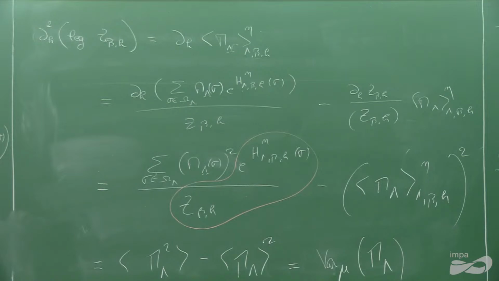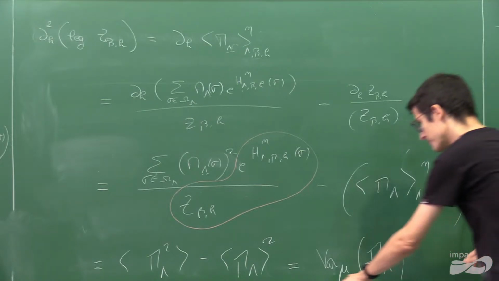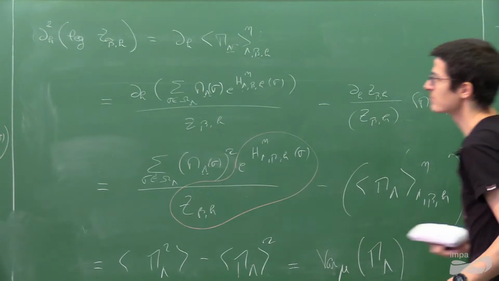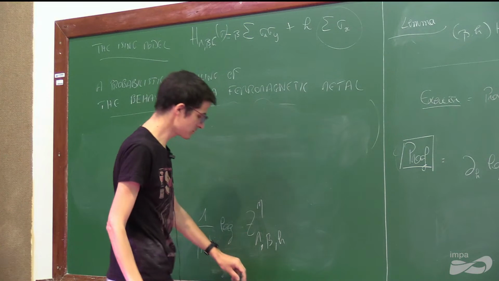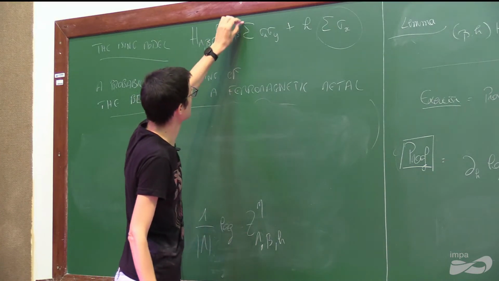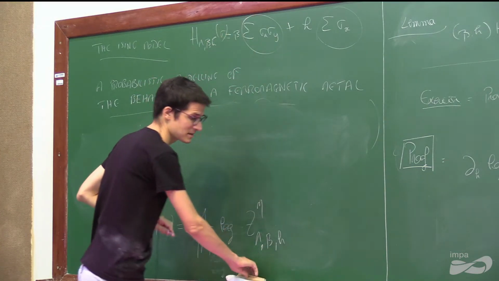Okay, so this gives you convexity in h. In beta you get kind of the same thing, except that what goes down when you take the derivative with respect to beta is exactly this.